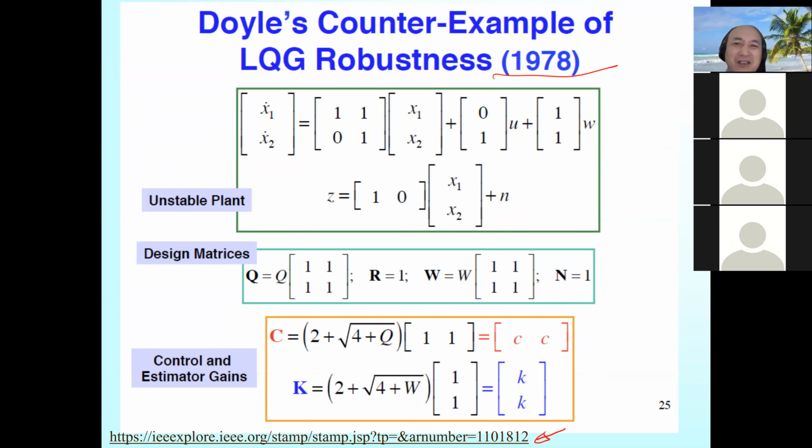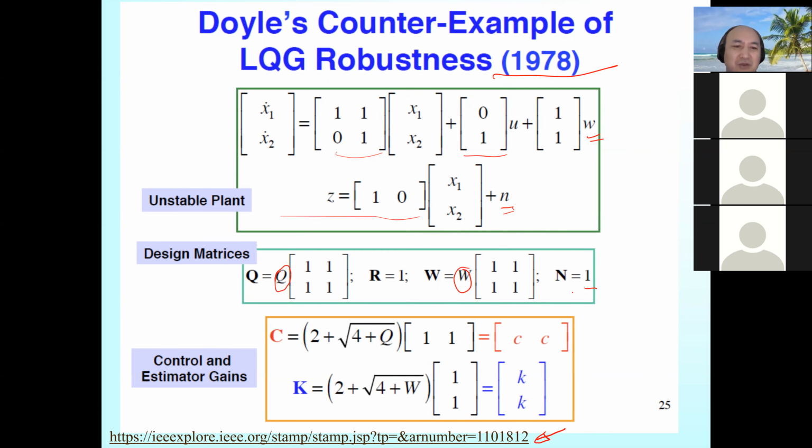So this is my noise. This is my state matrix, control distribution matrix. So everything is here. We do Q is scalar Q, and 1111. That's fully populated. The W is this one. N is one.